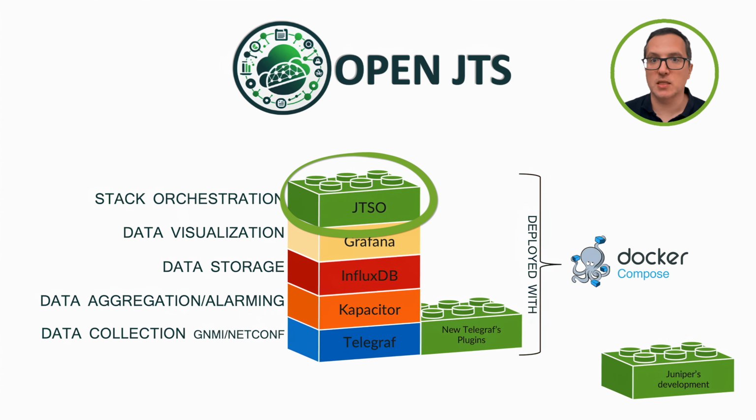The second module I developed aims to orchestrate the stack. This is a kind of adaptation layer. This module, called JTSO, is the only entry point to manage the OpenJTS stack. All is done via a simple web GUI.